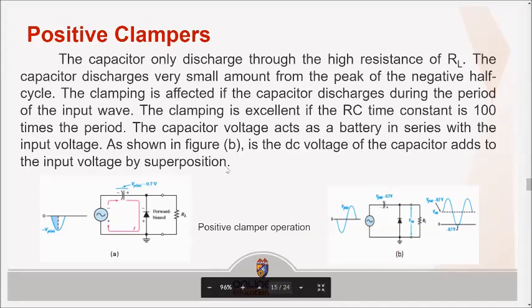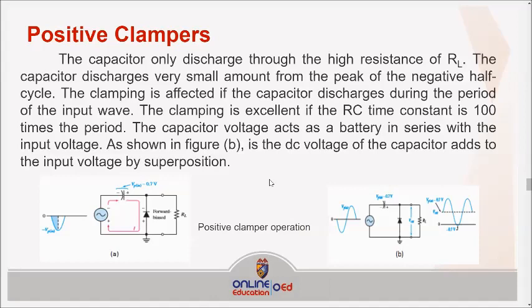The clamping is excellent if the RC time constant is 100 times the period. Then the capacitor voltage acts as a battery in series with the input voltage. As shown in the figure, VB, the DC voltage of the capacitor, adds to the input voltage by superposition. Okay, these are the examples of positive clamper operation.